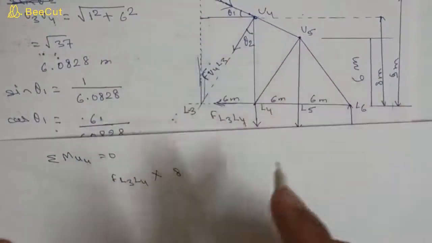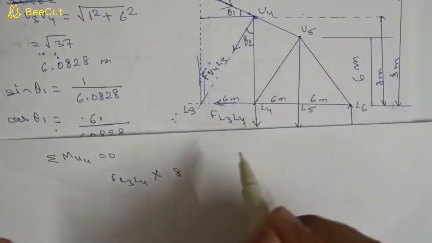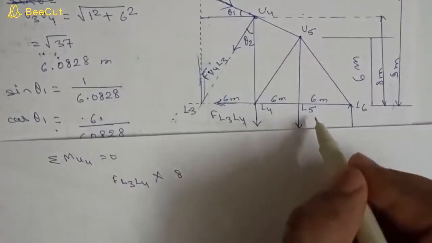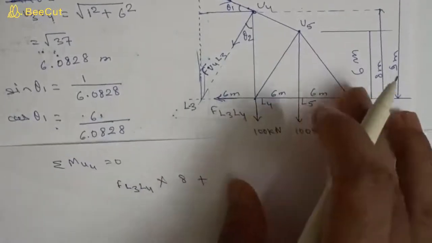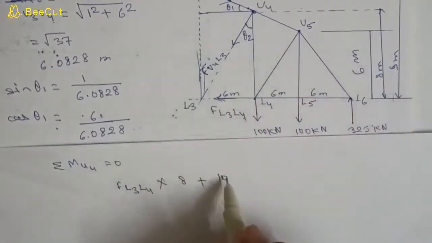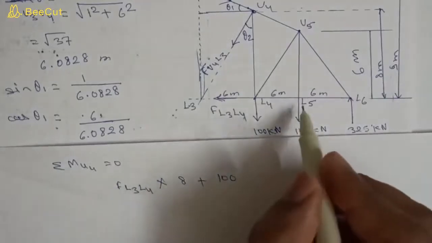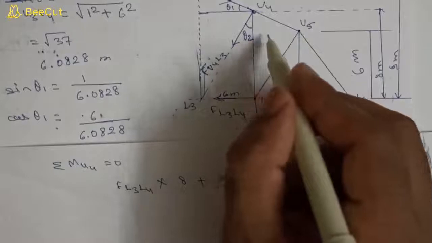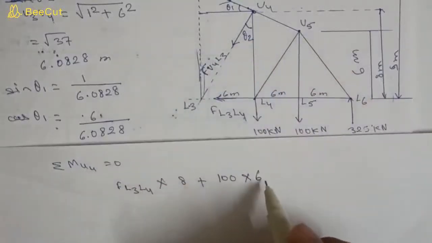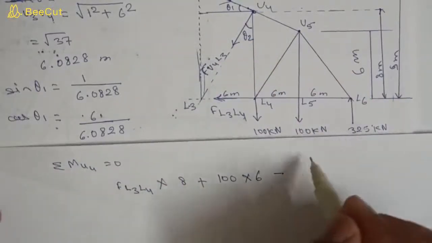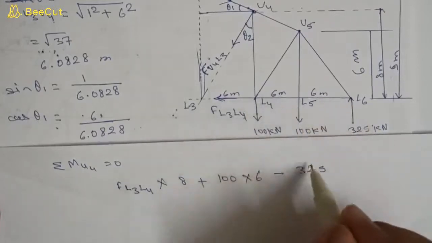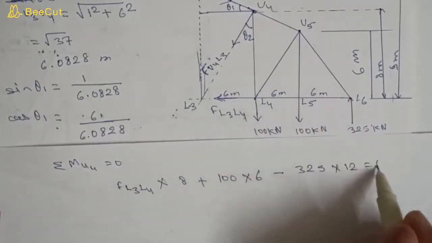And the force at L5, 100 kilonewton, into this distance, 6 meter, minus 325 into 6 plus 6, 12, is equal to 0.